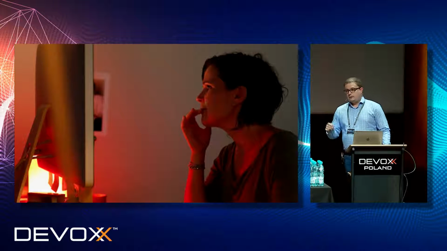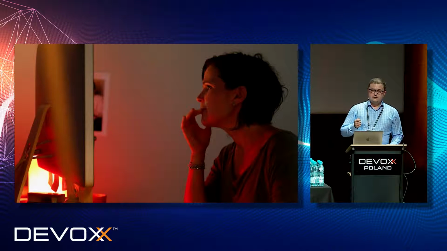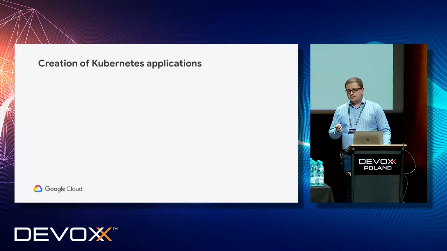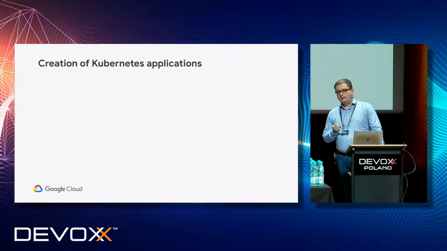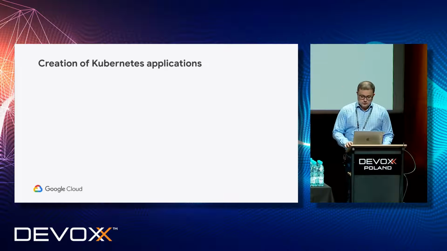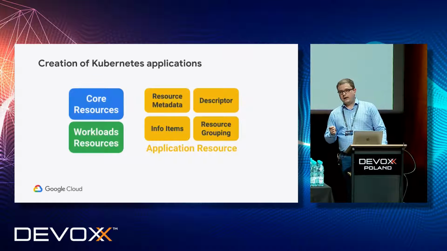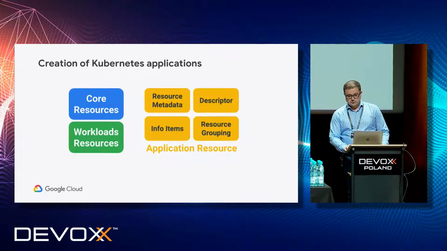But then we are still confused. This confusion is built around having resources that are tightly coupled together. This is one of the definitions of having a microservice environment. But this is actually hard to manage sometimes. So we need ways to actually optimize our management capabilities of those workloads. One of the examples of how this management system could be simplified is having an application resource.